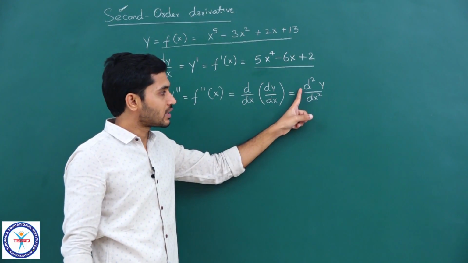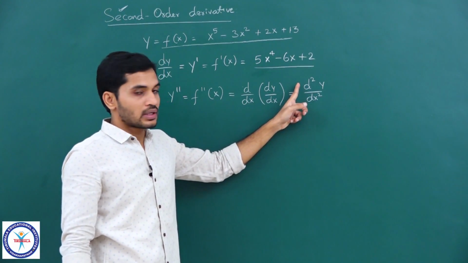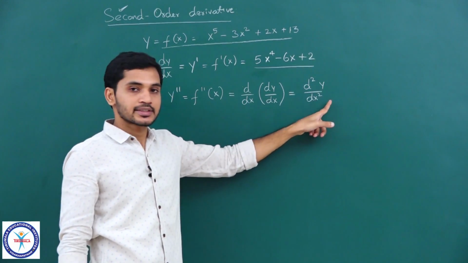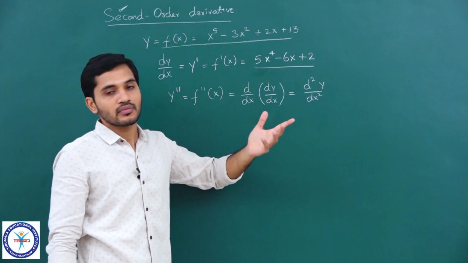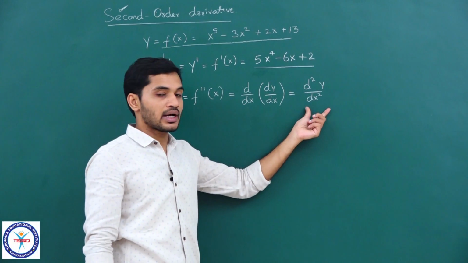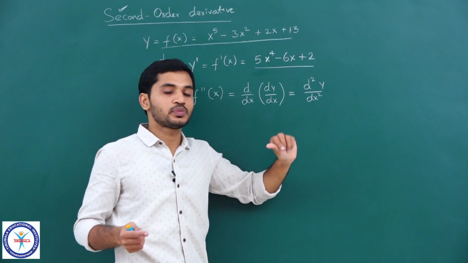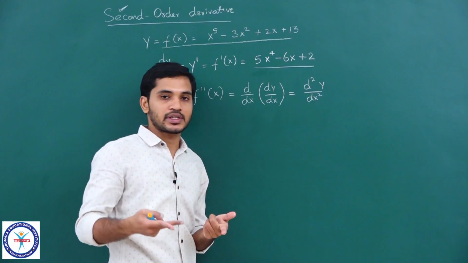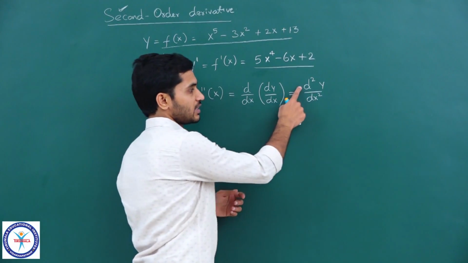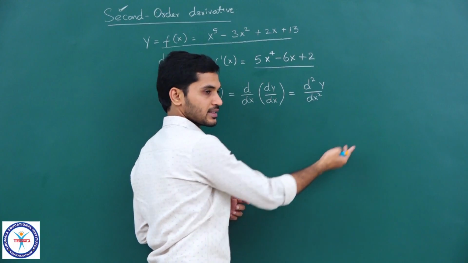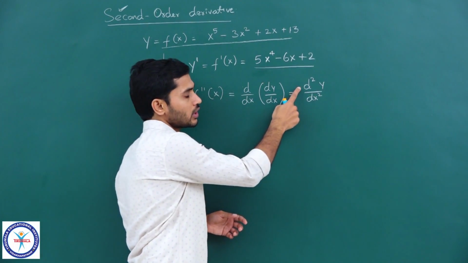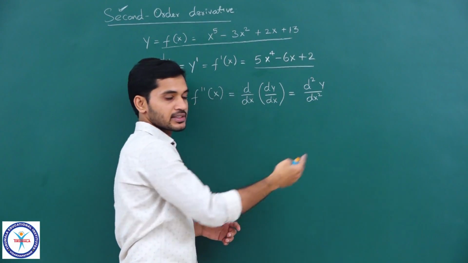Whenever you look at something written in this form, d square y by dx square, you should understand that they are asking you to calculate the second order derivative of y, which means you have to differentiate y twice. Is that clear? Sometimes it is also called d2y by dx square.